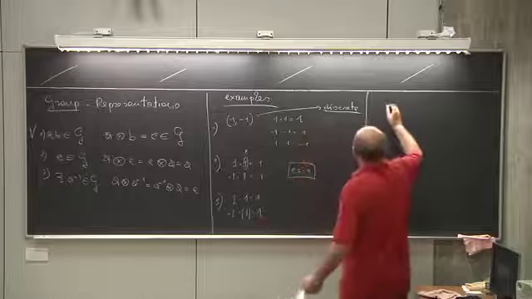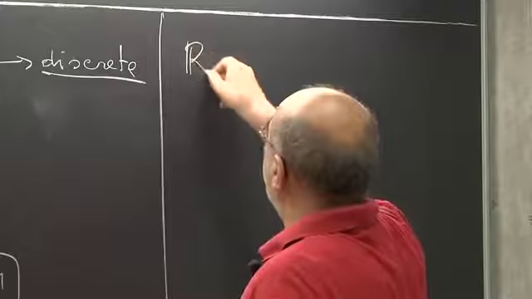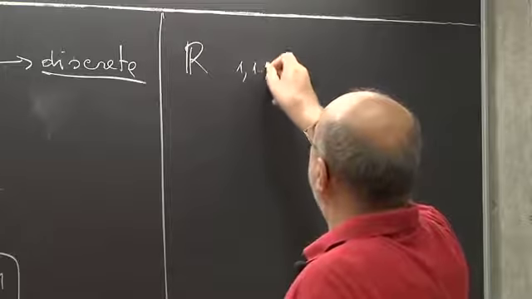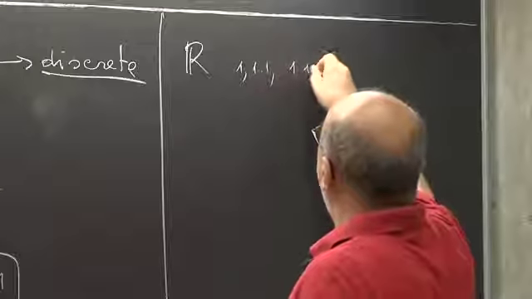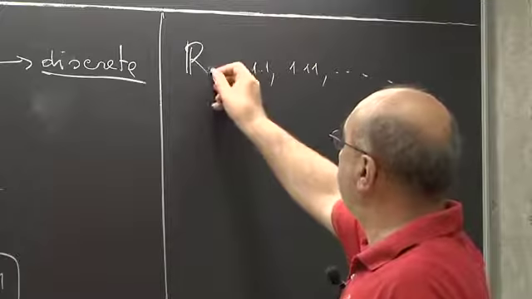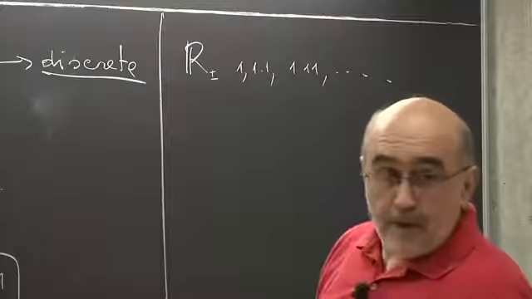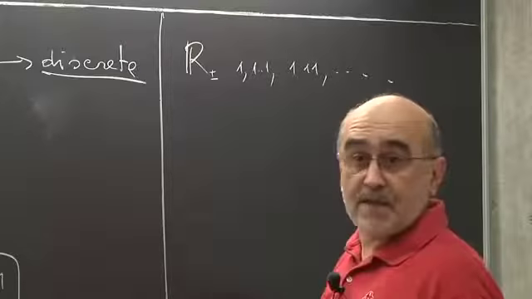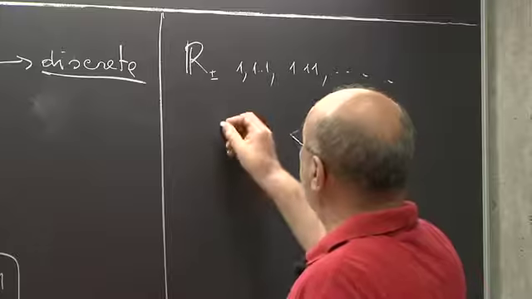Let's do another example. The example is the one of all the real numbers. So 1, 1.1, 1.11, all the real numbers, positive and negative, okay? Of course, it has a group structure under the operation of dot.